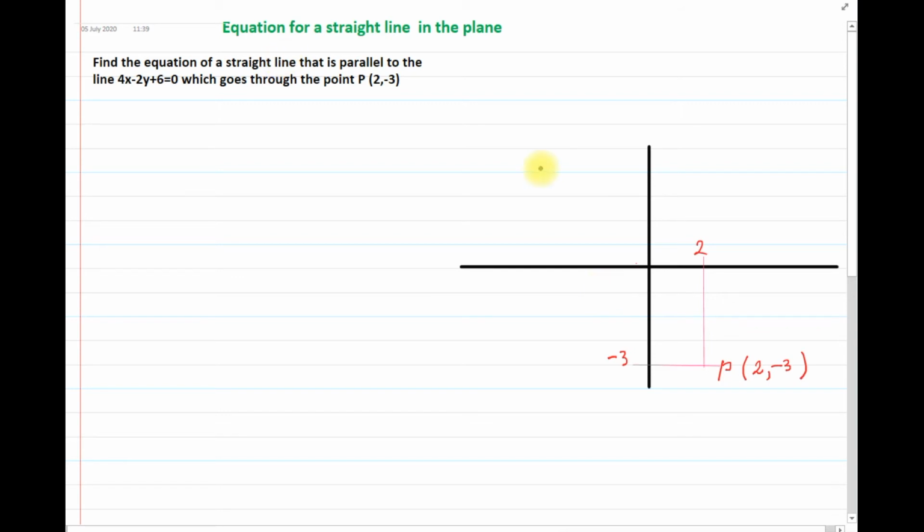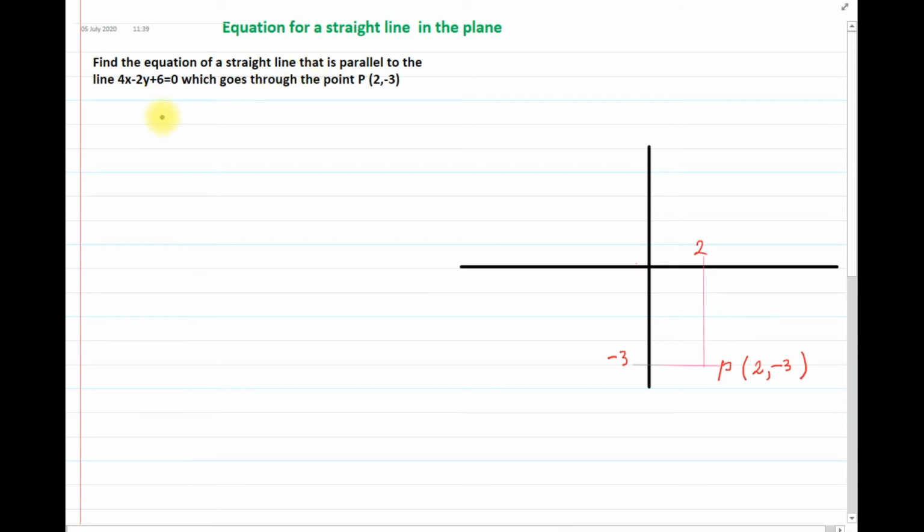What we need to do, we want the equation of a line that passes through this point, then its gradient is the gradient of this line up here. Our first step is to find the equation of this straight line in the form y equals mx plus c, so that we can find the gradient.